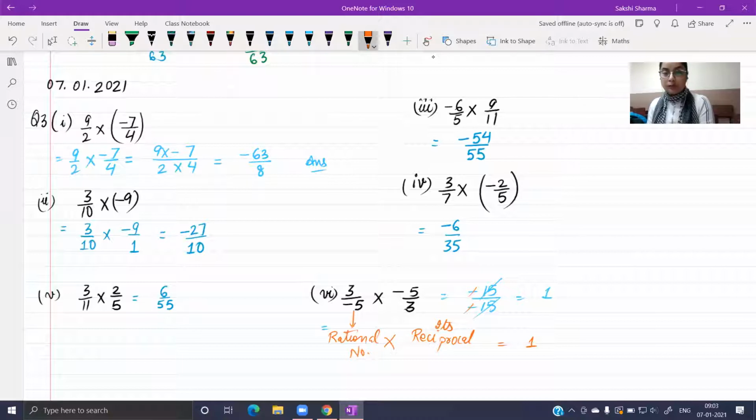This is a rule which we had written in fractions. Whenever we multiply a fraction with its reciprocal, the answer is 1. Take any rational number, whatever rational number you like, however small, however large, positive, negative, any sort of rational number, when you multiply it with its reciprocal, the answer will be 1.